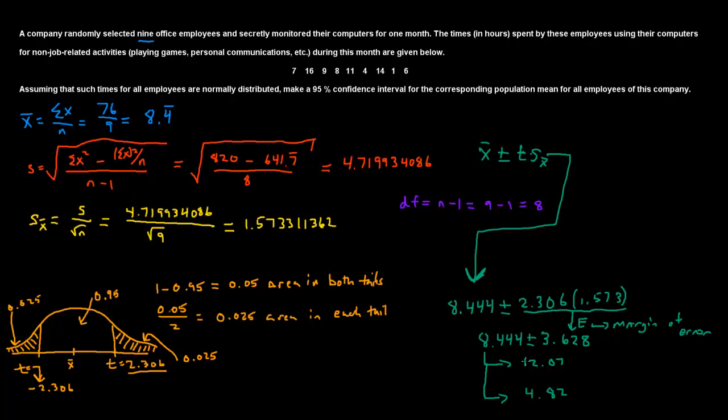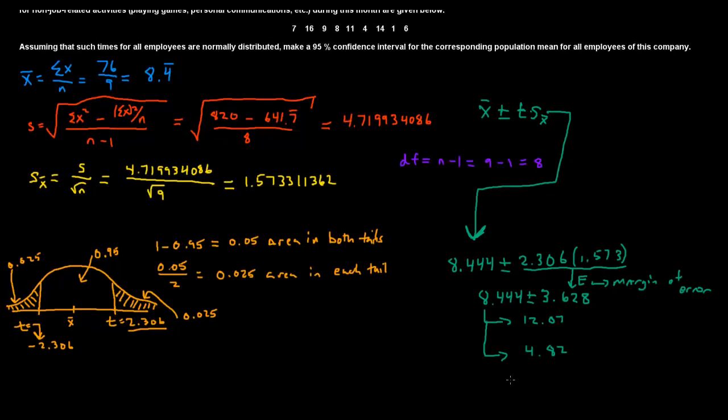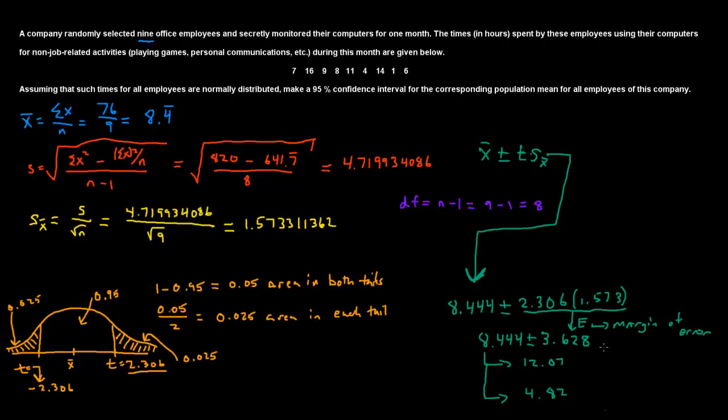Now let's write that in interval notation. Remember, you write parentheses for interval notation: (4.82, 12.07). Now, what does this mean? Going back up here to our context, we found a sample mean, and that sample mean represented the average time 9 employees spent doing non-work related activities on their computer.